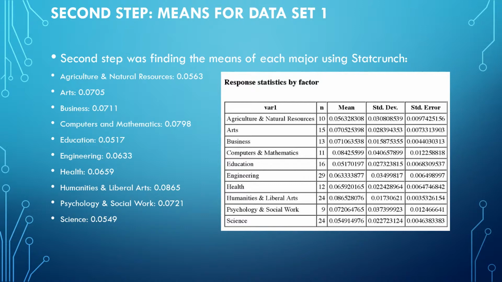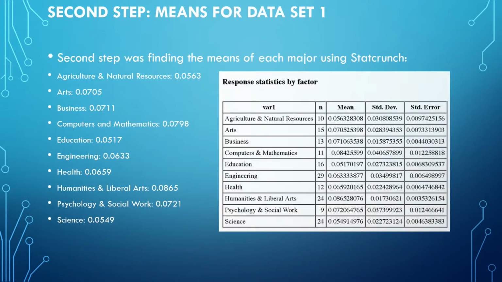Agriculture and natural resources 0.0563, arts 0.0705, business 0.0711, computers and mathematics 0.0798, education 0.0517, engineering 0.0633, health 0.0659, humanities and liberal arts 0.0865, psychology and social work 0.0721, and finally science 0.0549.